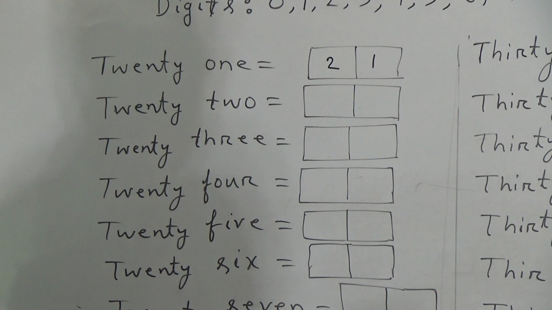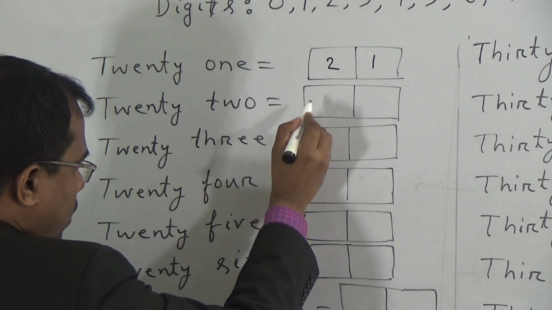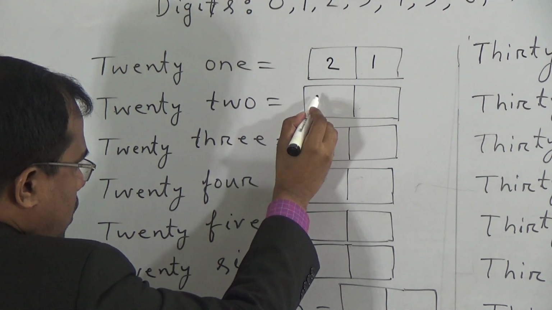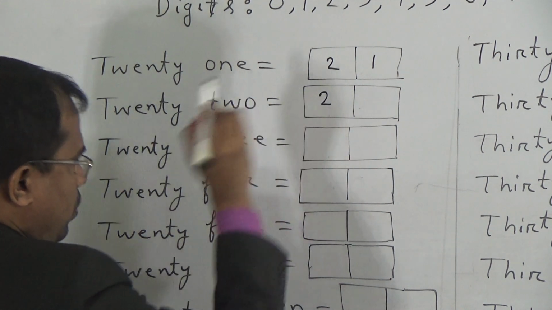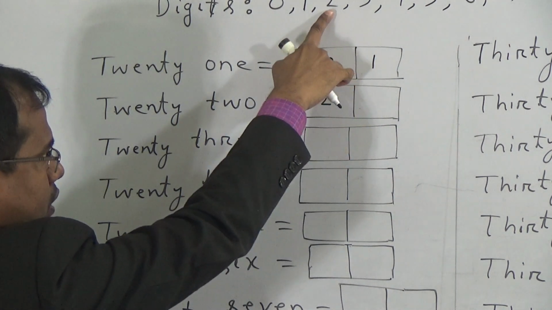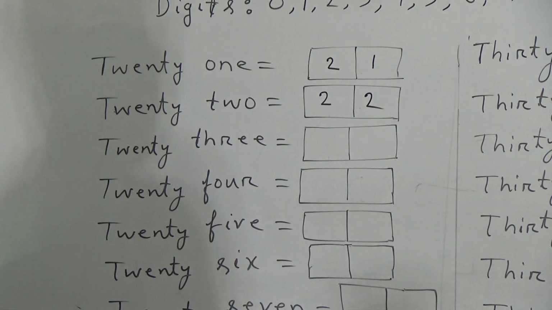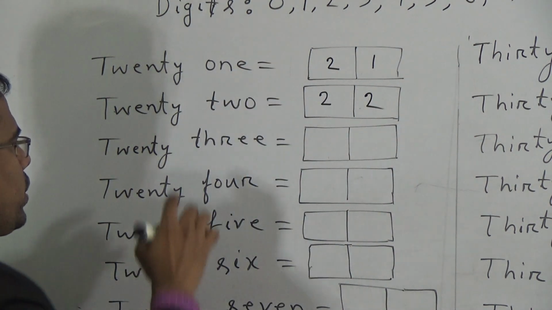Now next number 22, here 2 have to keep fixed in tens place and we have to change ones place digit. Instead of 1 now we have to write this digit, that means 2. Now we have to write 23.